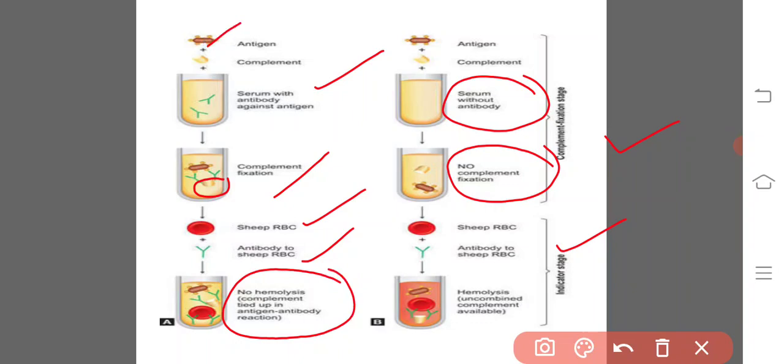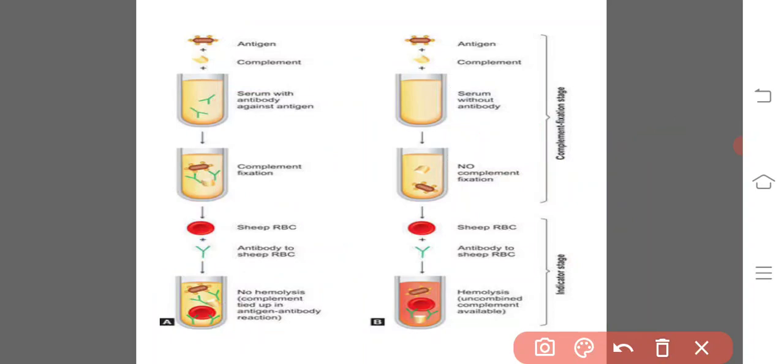So this antigen and these antibodies are mixed together and they come in contact with the complement, so the complement is not in a free state and there is no lysis at all. That indicates the presence of antibody in the patient's serum.